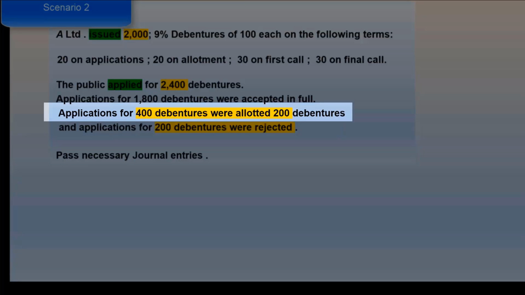Now let's look at this set of debenture applicants. 400 applications were allotted 200 debentures. This is a case of prorata allotment, wherein a lesser number of debentures were issued or allotted against the actual applications. Do we refund the excess application money?